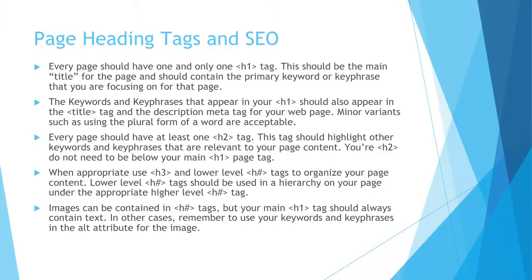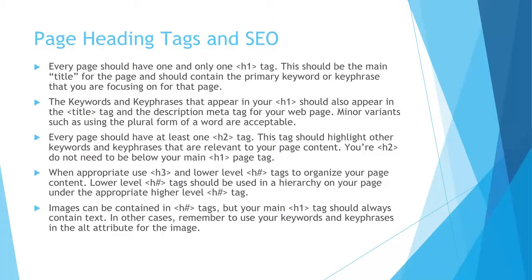However, for SEO purposes, really the only three levels that matter are going to be the H1 tag, H2, and H3 tag. Search engines tend to really discount the value of H4, 5, and 6 tags. And the reason for that is a lot of times people use those lower level H tags to do unusual things on your web page.